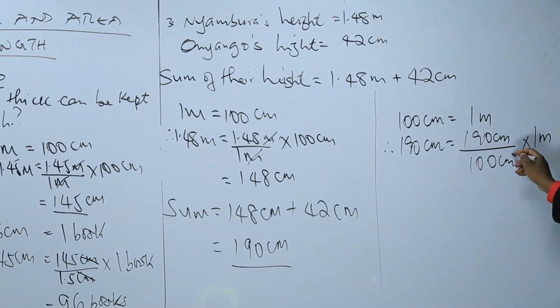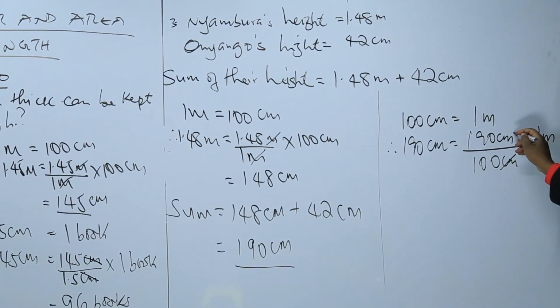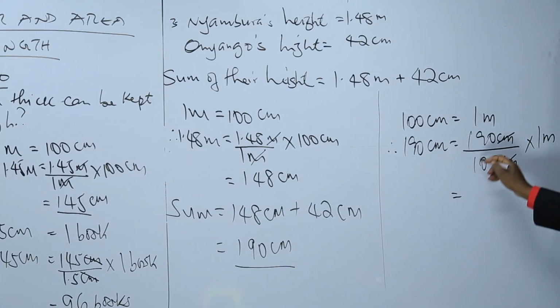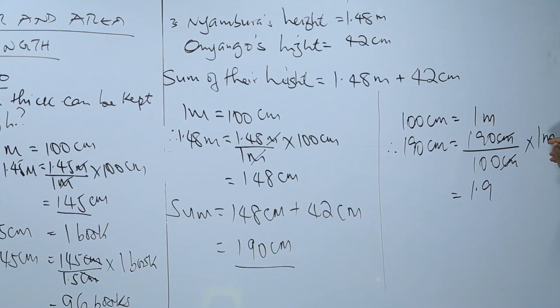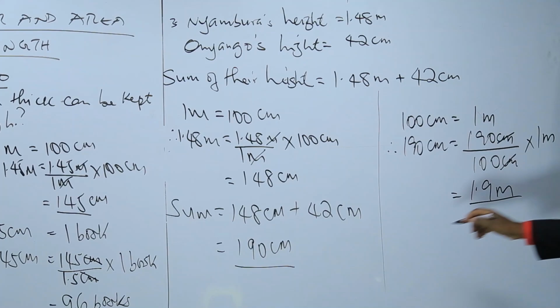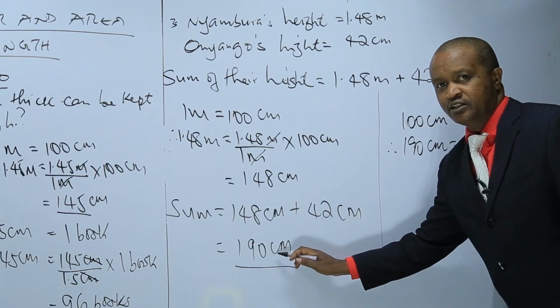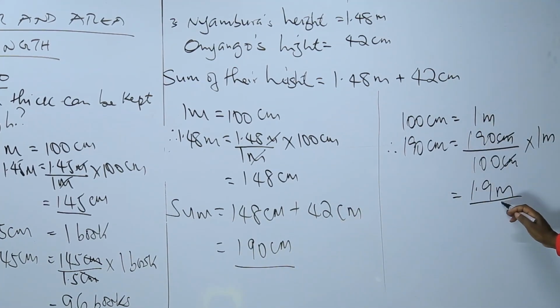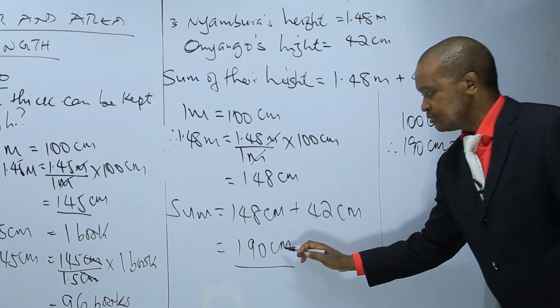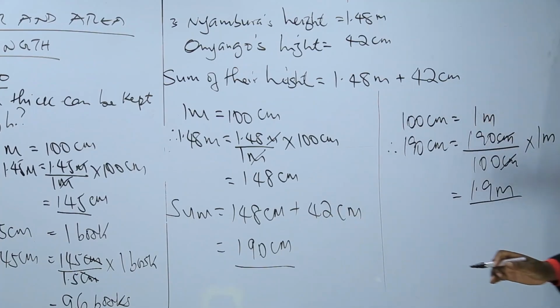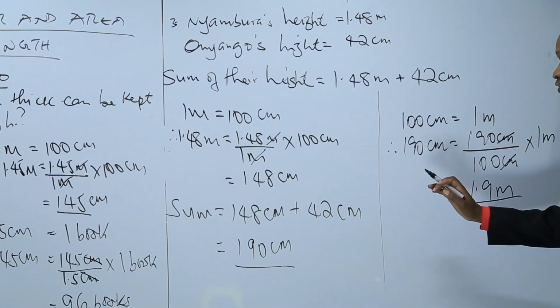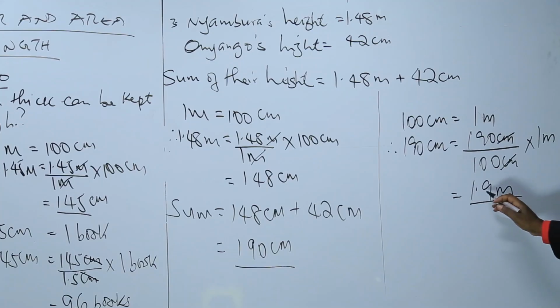So centimeters cancels with centimeters. Then 190 divided by 100 is equal to 1.9 meters. So when expressed in centimeters, the sum of their height is 190 centimeters. When expressed in meters, the sum of Nyambura's and Onyango's height is 1.9 meters.